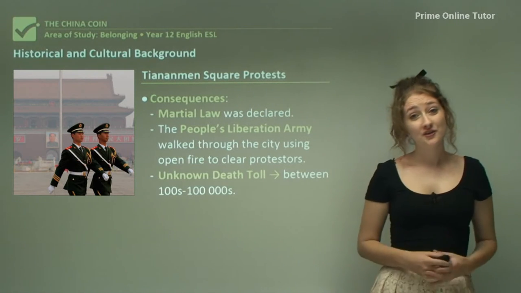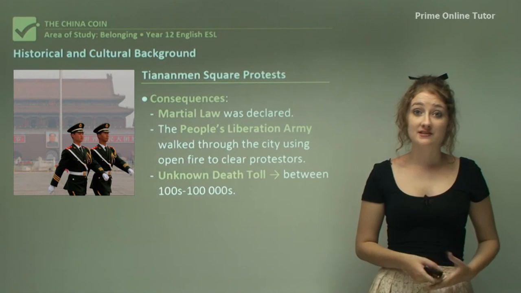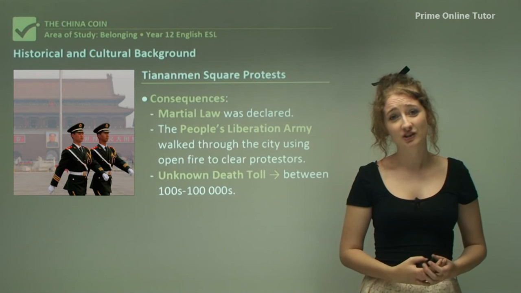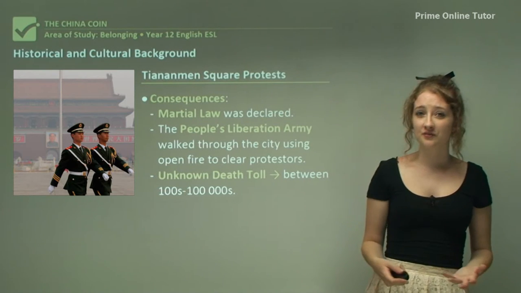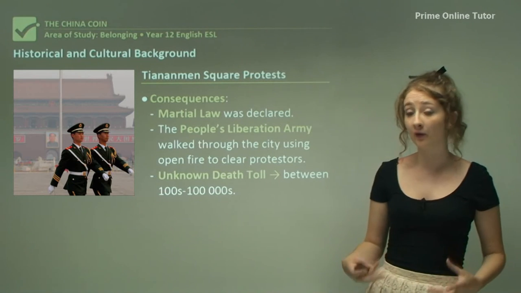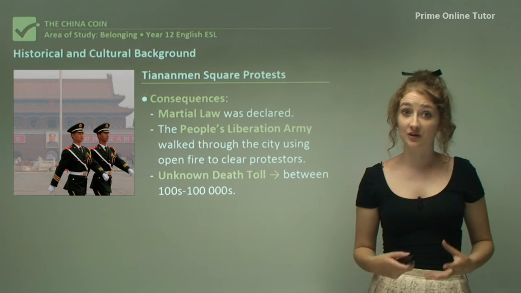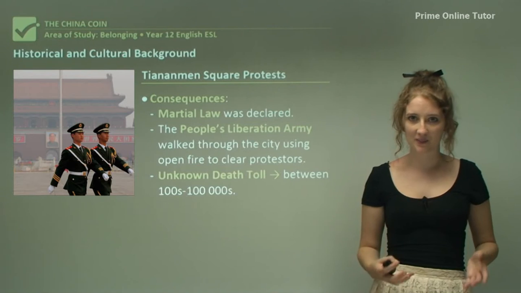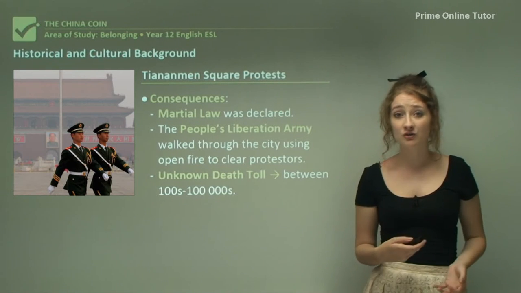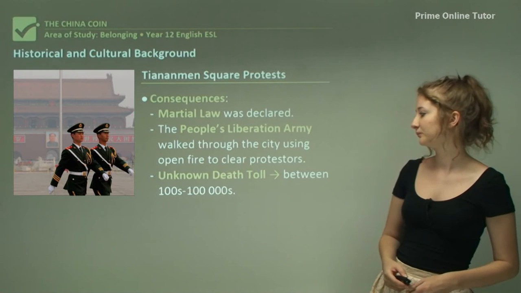The death toll of this event is actually unknown, basically because records kept by different people don't really match up. The decision of the Chinese government to not hide this event but keep it quite down low meant that it's quite difficult to understand complete statistics about what occurred. So it's probably anywhere between the hundreds and the 100,000s.